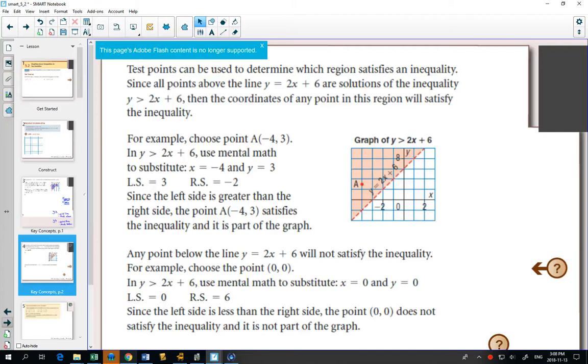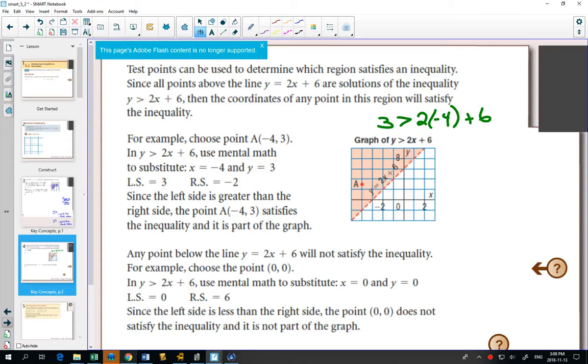Okay. Another way, and this is the textbook saying here, another way you could find out where you shade, if you don't like the idea of shading above and below, is take a point. So they chose a point, and the point they chose was -4, 3. If you plug in -4 for x and 3 for y, is that statement true or false?